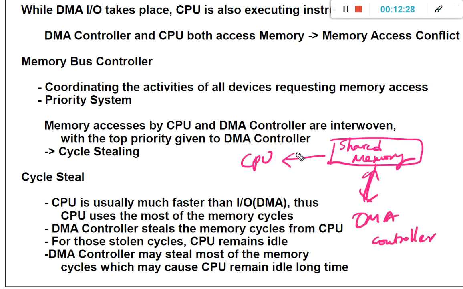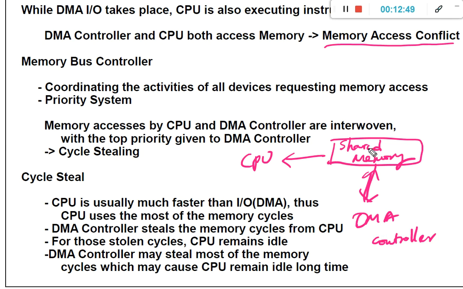If individual memory is accessed by the CPU and the DMA controller, then there will not be any memory access conflict. The CPU can access its own memory which is required by the instructions, and the DMA controller can perform the data transmission with its own memory locations.